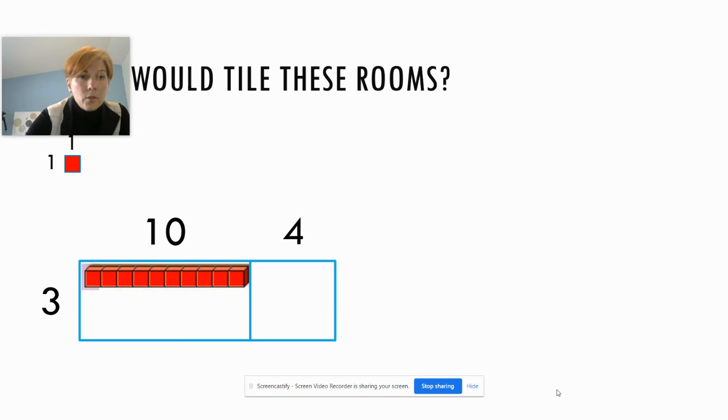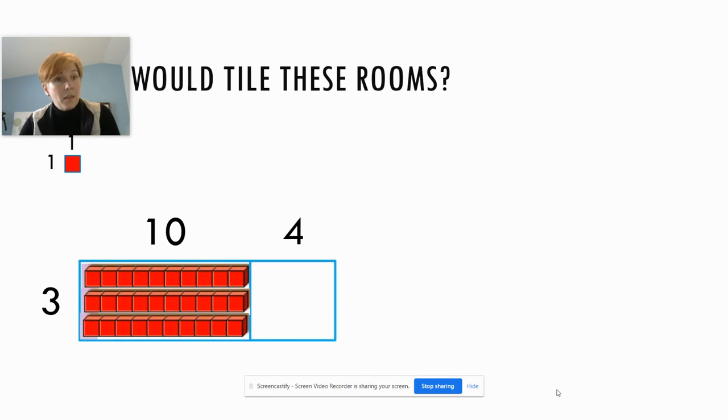I can place one of those and it will fit nicely, but my side length is 3. So I would place 1, 2, 3 rows of that, and then the whole rectangle is tiled.